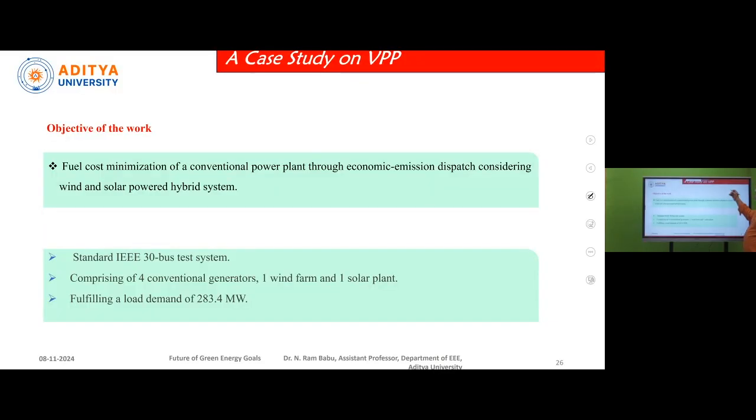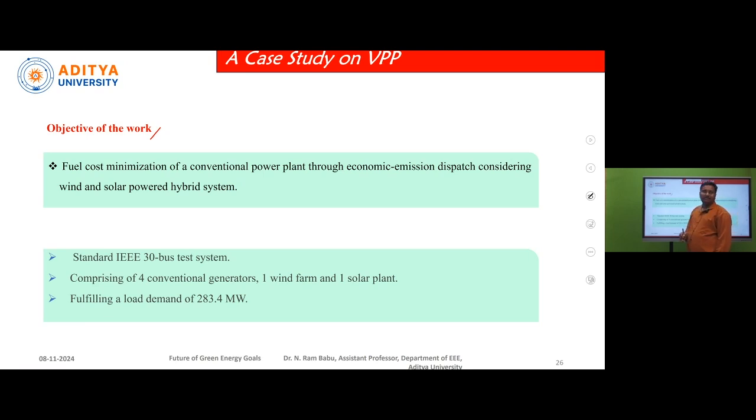Next, we come to a study on VPP. One of my friends who is working in this area has worked on this one. This is one of his articles. The objective of this work is fuel cost minimization of a conventional power plant through economic emissions dispatch, considering a wind and solar powered hybrid system.